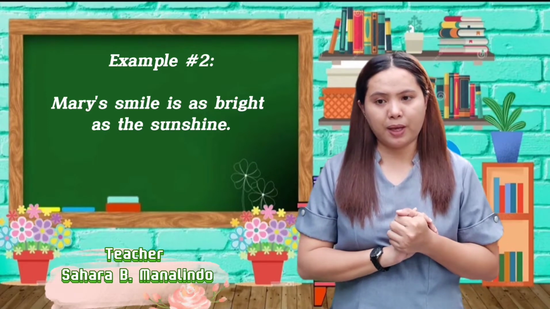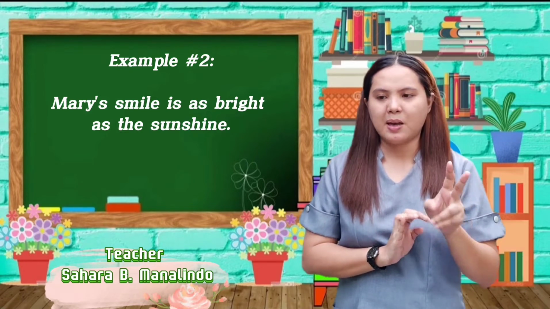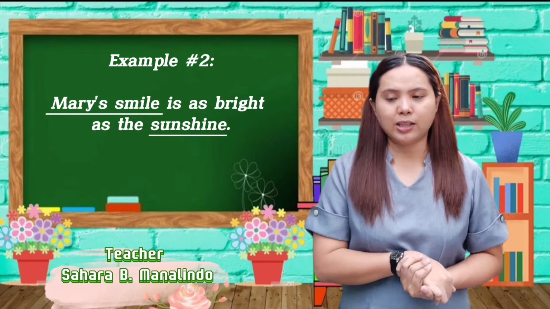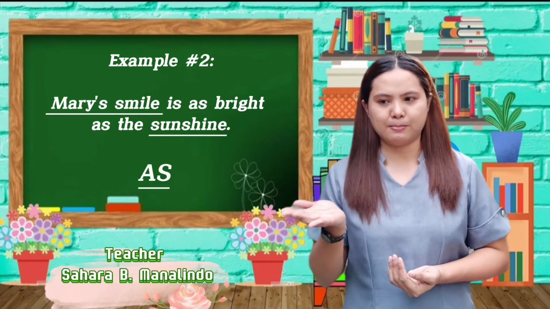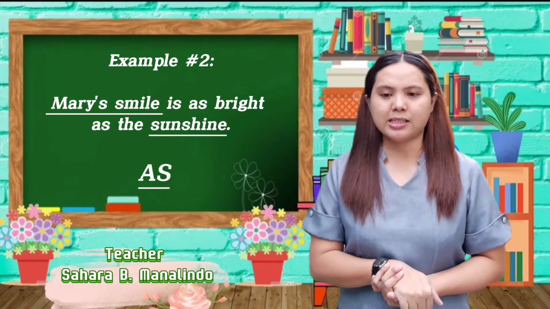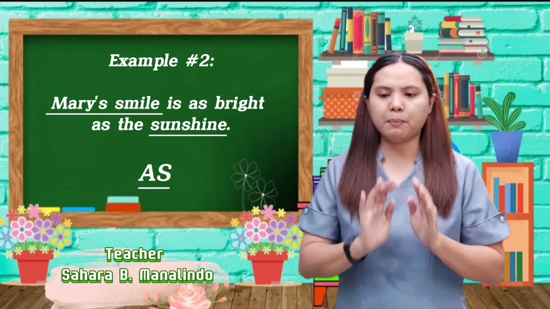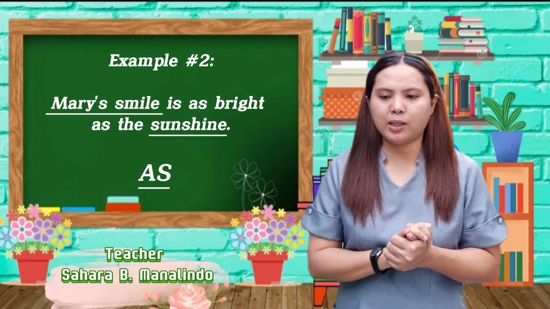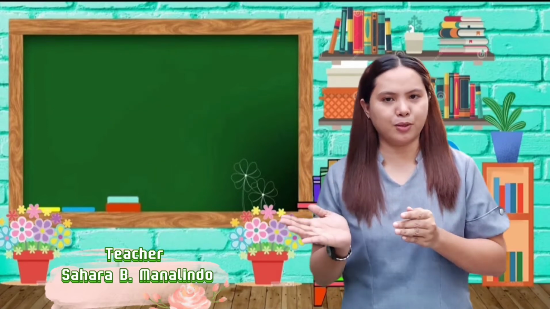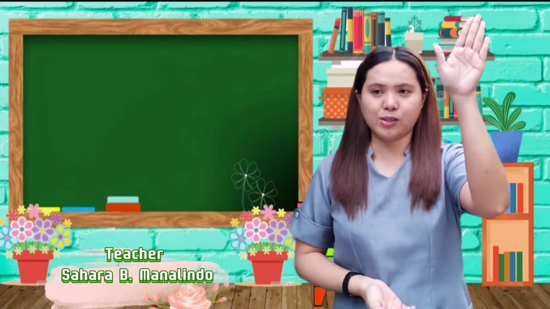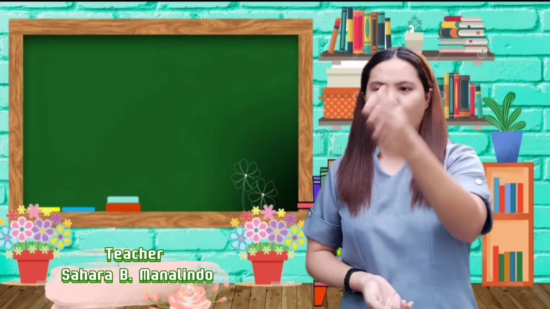Because it compares two things, Mary's smile and sunshine, and it used the word as. As you can see, instead of saying Mary's smile is bright, it makes it more appealing by comparing it with another thing or object. Okay, for the last example, anyone who wants to read the last example? Okay, Kim?